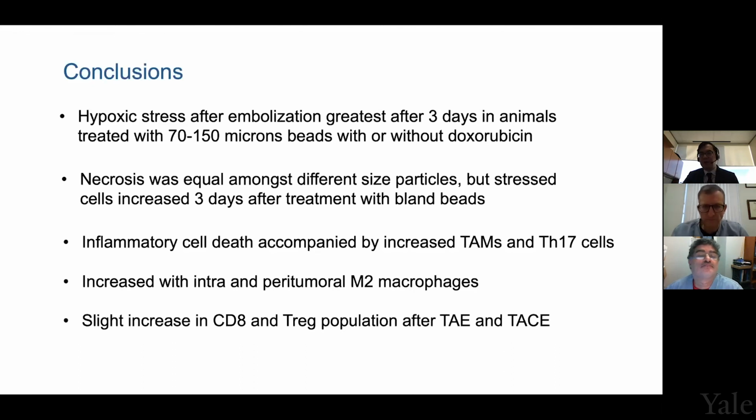So in preclinical data, the cells that survive end up being more detrimental to the patient than if they're just not ablated.